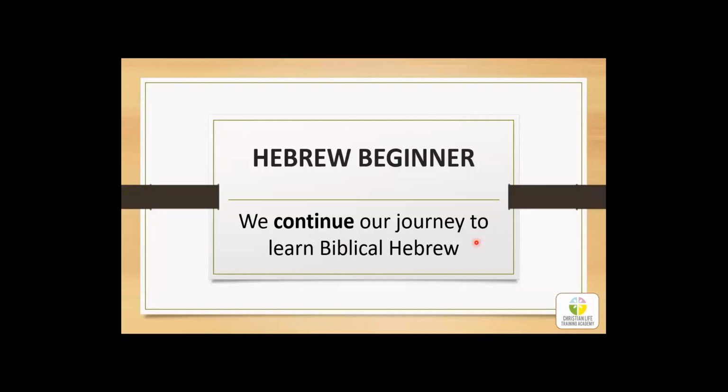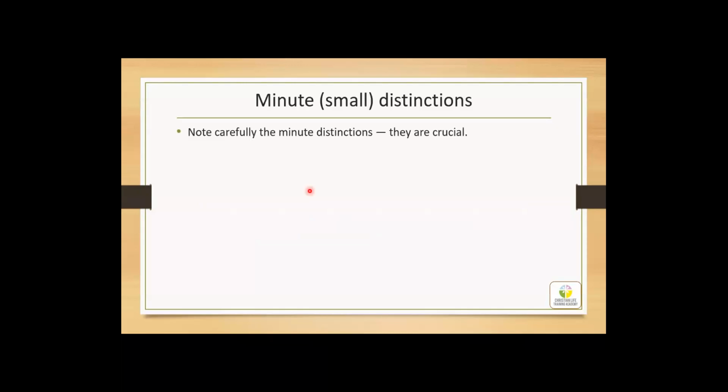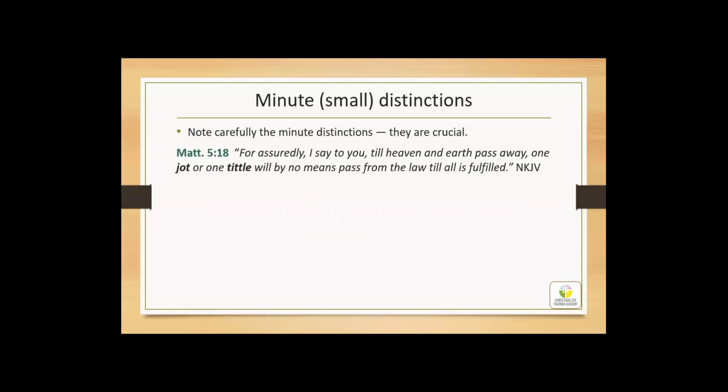We must look at them carefully so that we are not going to confuse the letters. Note carefully the minute distinctions. They are crucial. There's the scripture: Matthew 5, verse 18. Write it down.